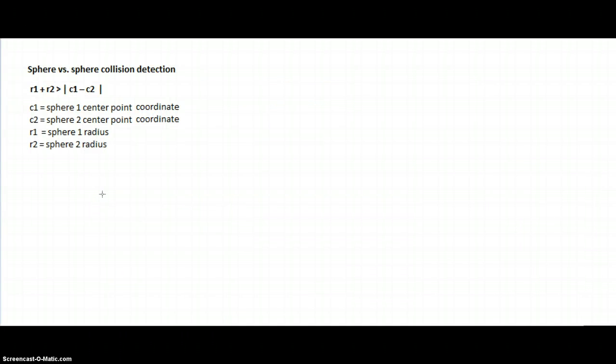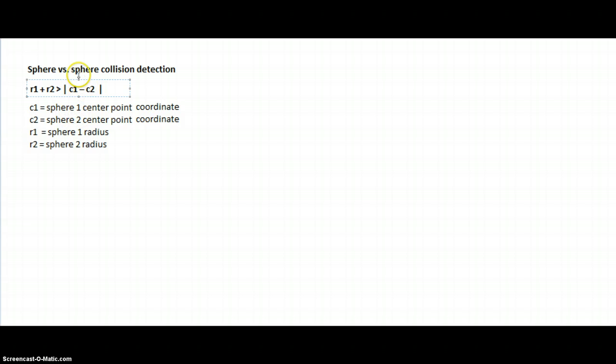So I have this formula here which is used to calculate the collision between two spheres. R1 is the first sphere's radius, R2 is the second sphere's radius, C1 is the first sphere's center point coordinate, and C2 is the second sphere's center point coordinate.